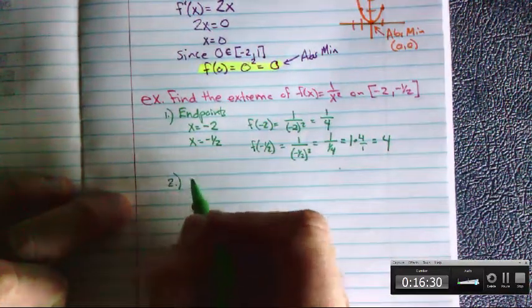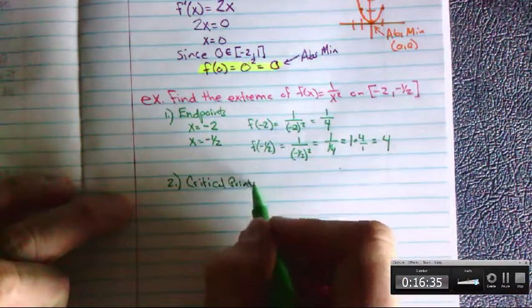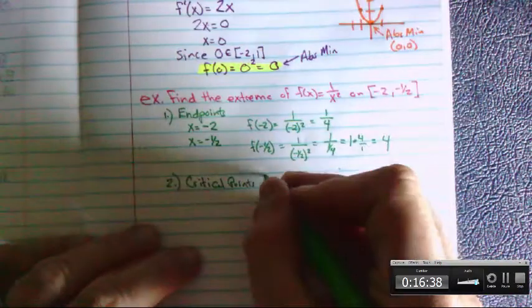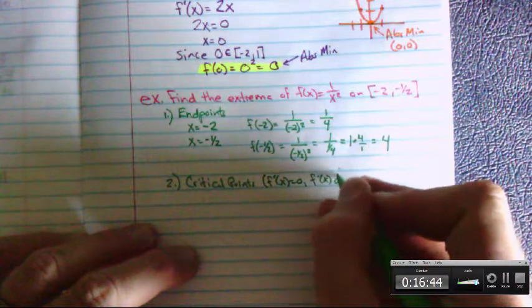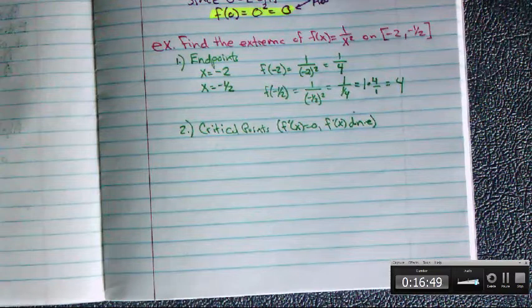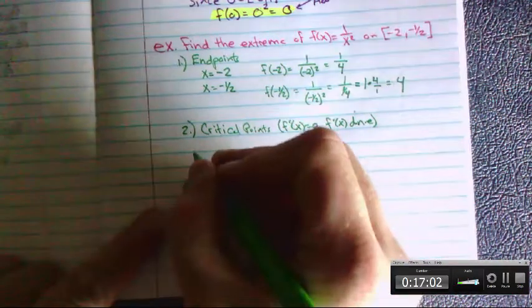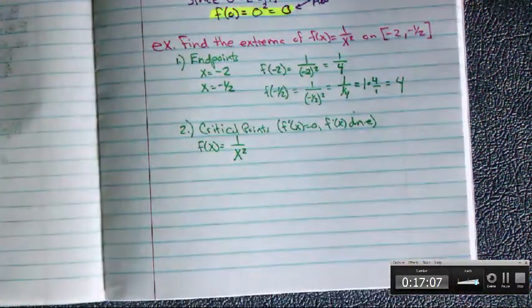So step 2 is to look at the critical points. The critical points are where the derivative equals 0 or the derivative does not exist. In order to find the critical points, we've got to first find the derivative of 1/x squared.